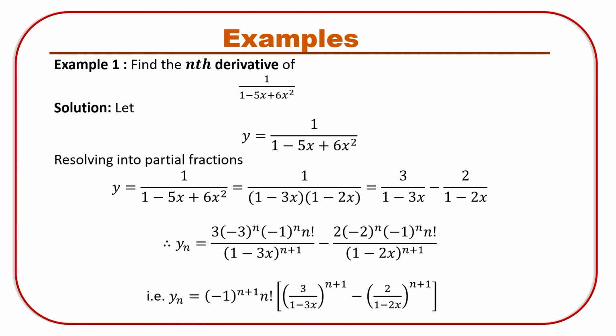Now find the nth derivative of a given function. The function is a polynomial where m is minus 1. Are you getting this one? So this is y equal to 1 divided by (1 minus 5x plus 6x square). So here m equal to minus 1.